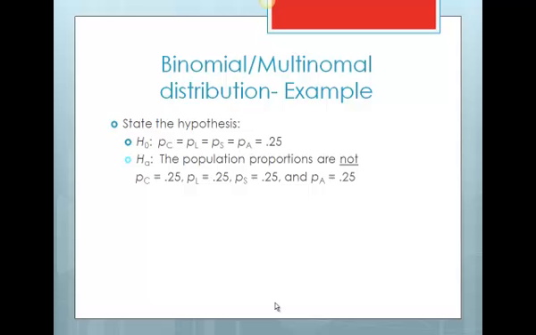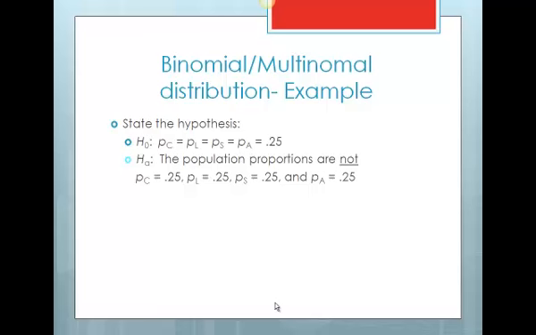So H0, we follow the multinomial probability distribution, where each of the expected outcomes has a 25% probability. HA, we do not follow the multinomial, and each of the expected outcomes is not 25%. So our next step is to develop our expected frequency distribution while assuming that H0 is true.